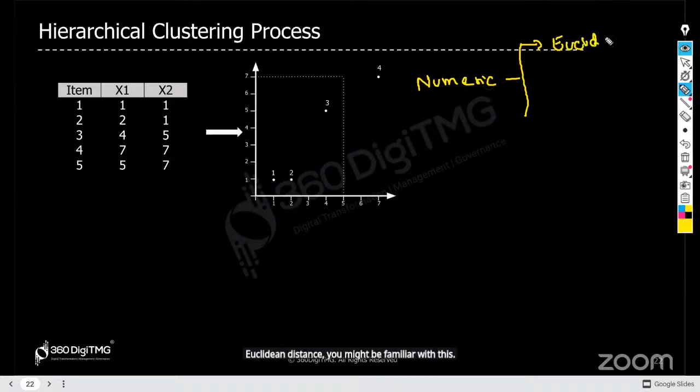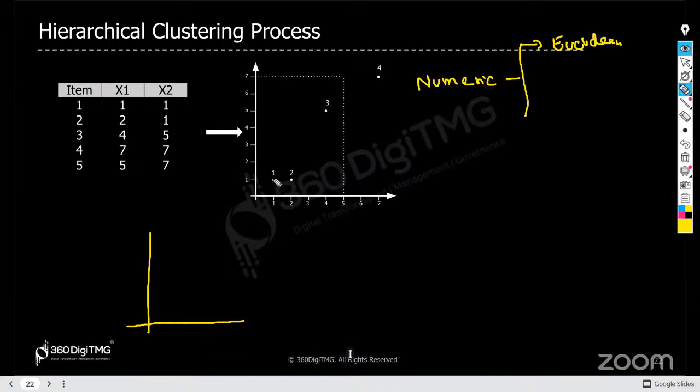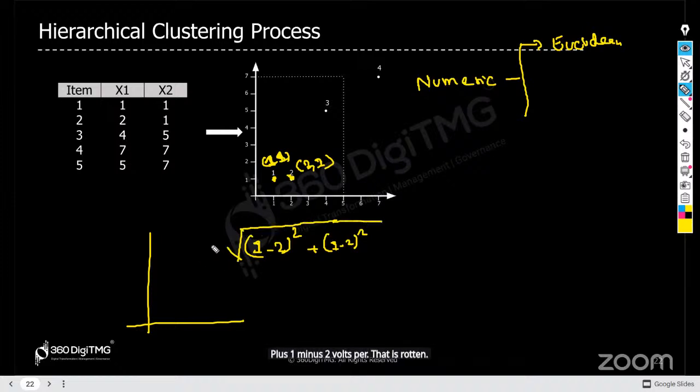Let's suppose I am trying to find the distance between 1, 1 and 2, 1. We will perform 1 minus 2 whole square plus 1 minus 2 whole square, under root. This is nothing but Euclidean distance.